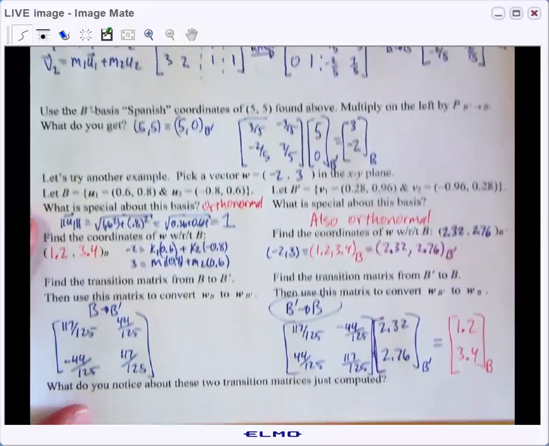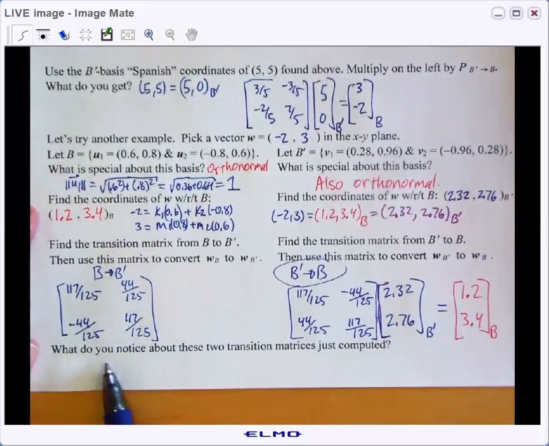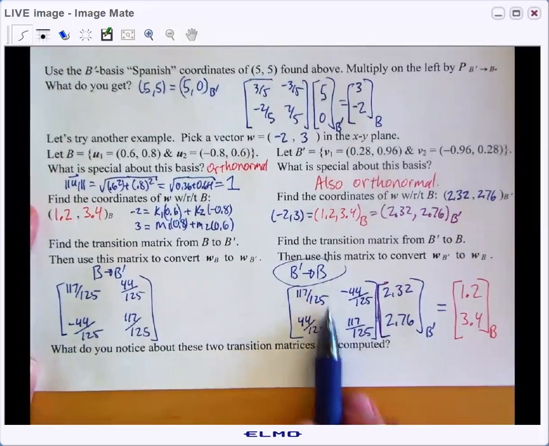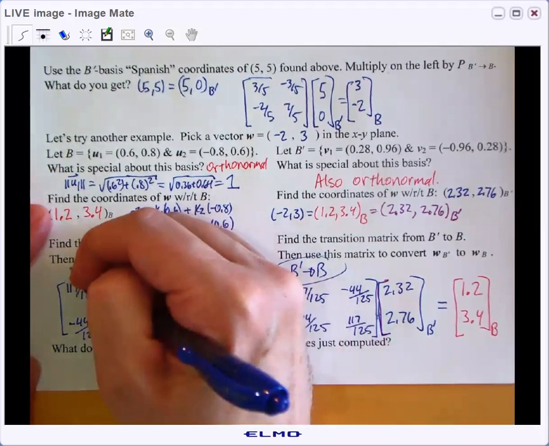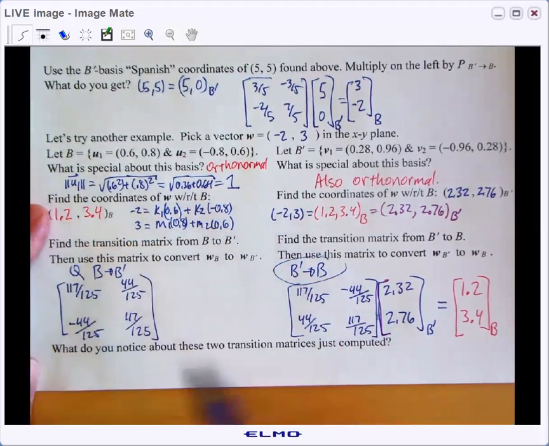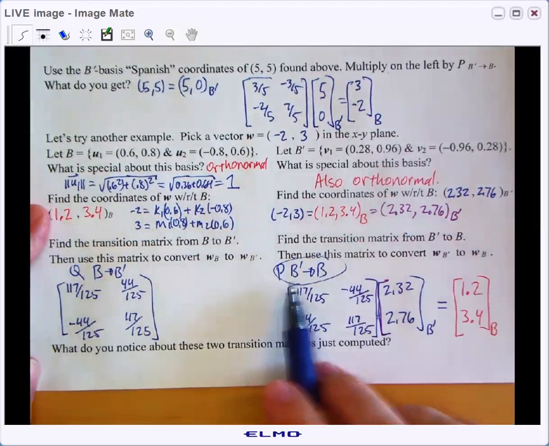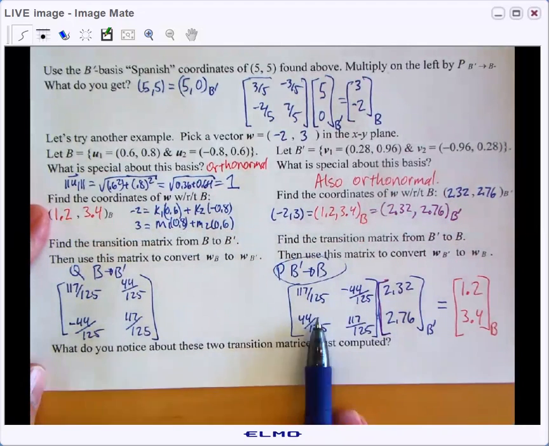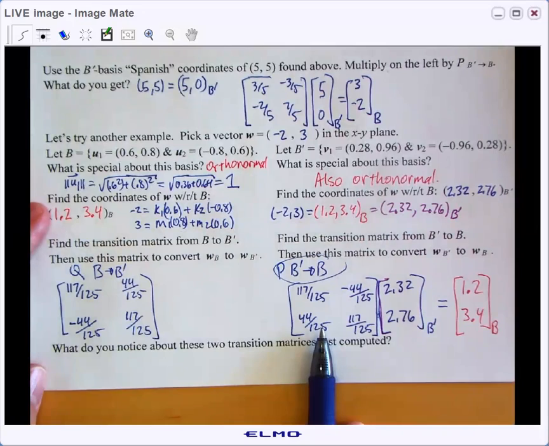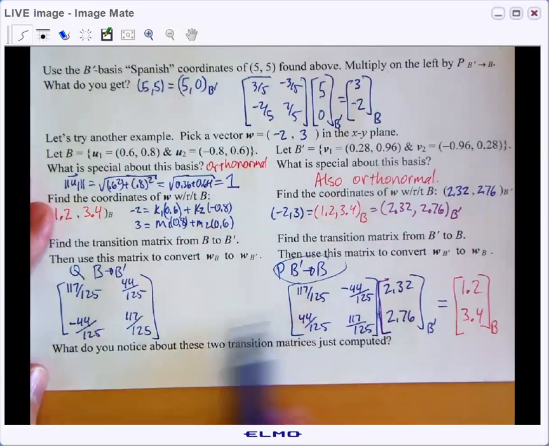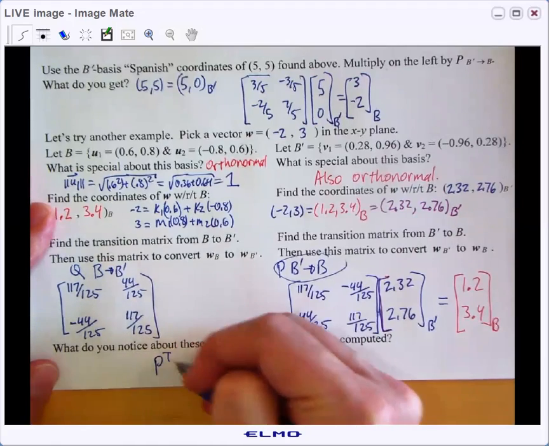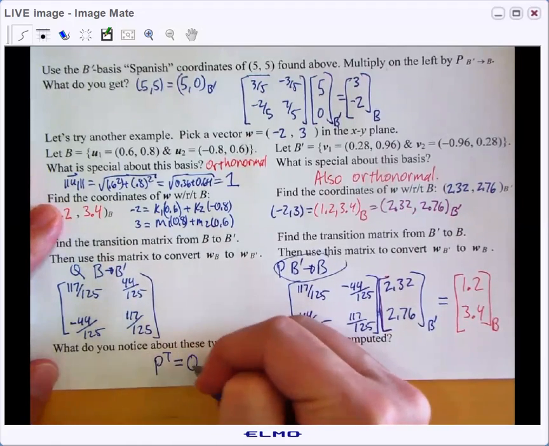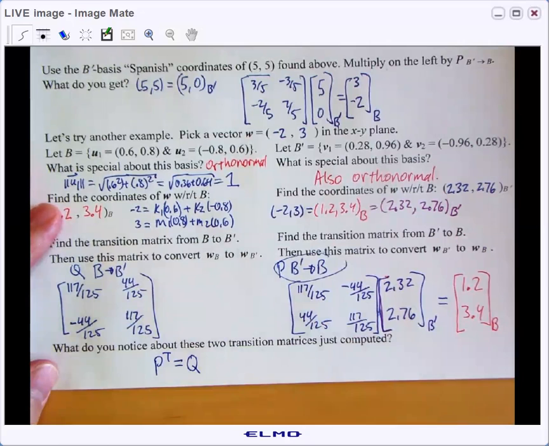Okay. And lastly, hopefully you notice something about our two transition matrices here. Okay. So here was matrix Q that goes from B to B prime, and this was matrix P, which goes from B prime to B. You notice that they're related, and in fact, they're not exactly the same because of the negative sign, but we notice that P transpose is equal to the Q matrix, okay?